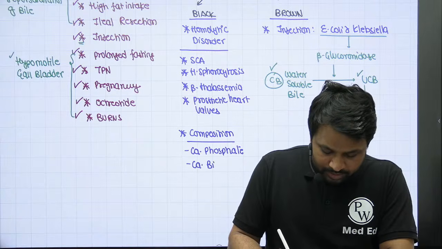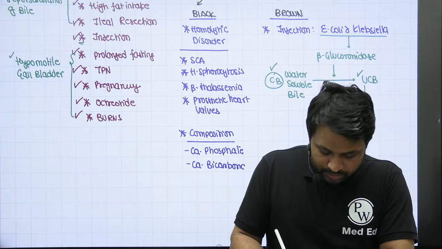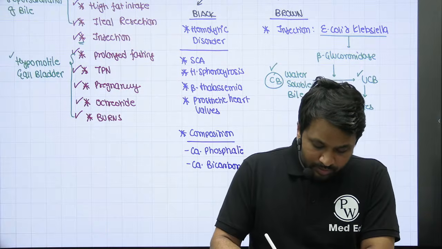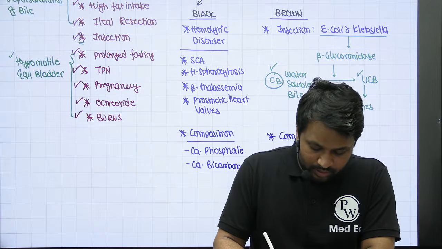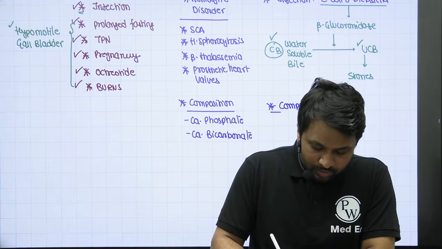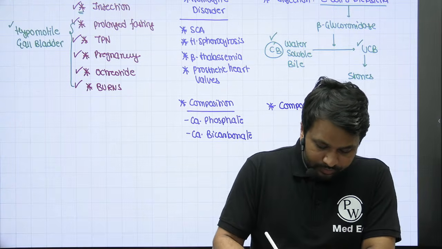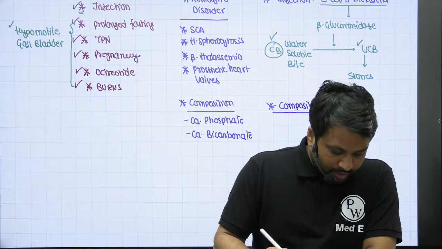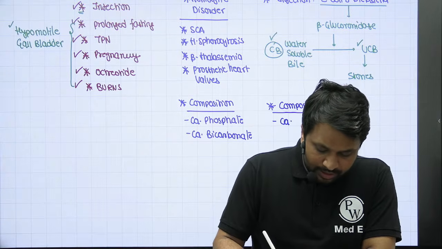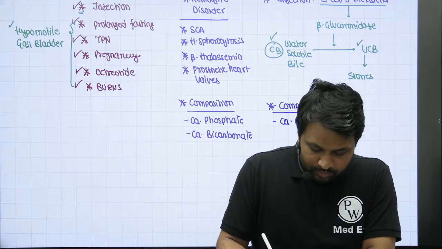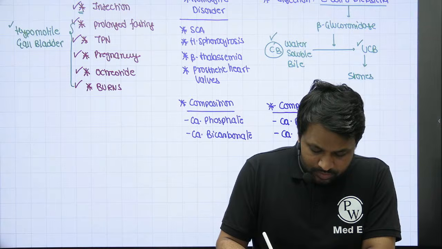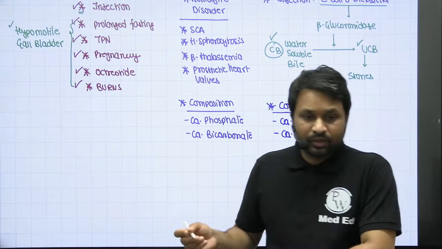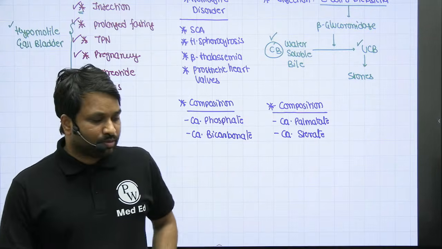Brown pigmented stones, on the other hand, the composition of the brown pigmented stones is going to be calcium palmitate and calcium stearate.